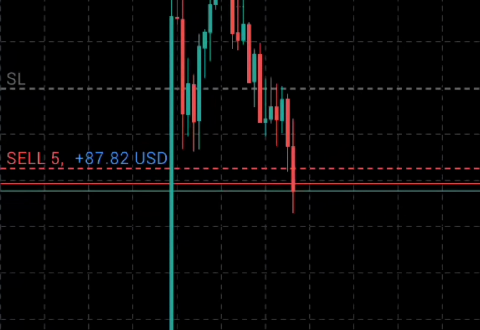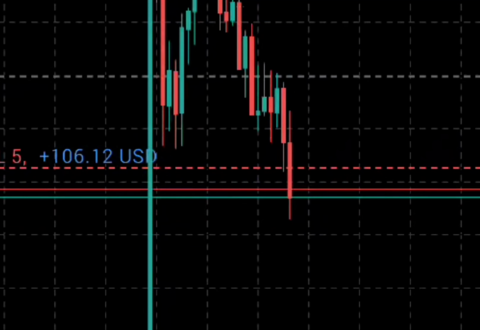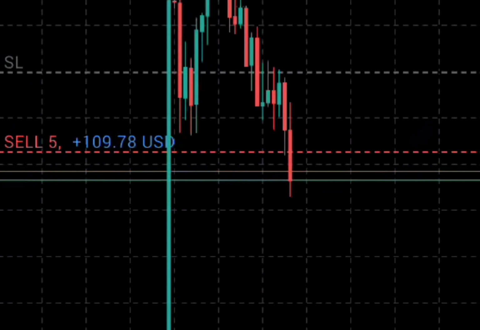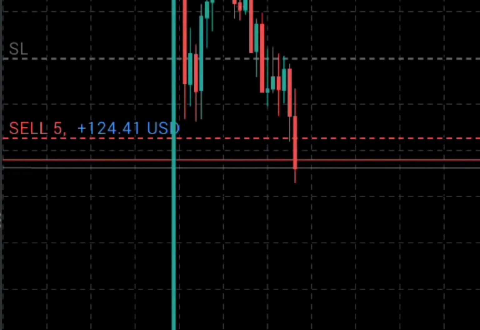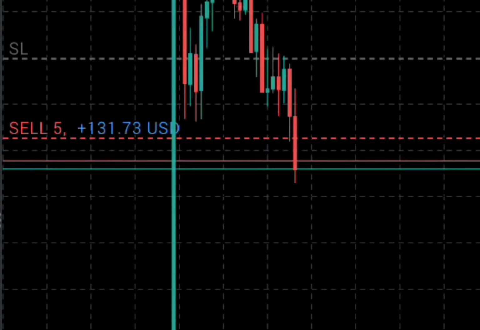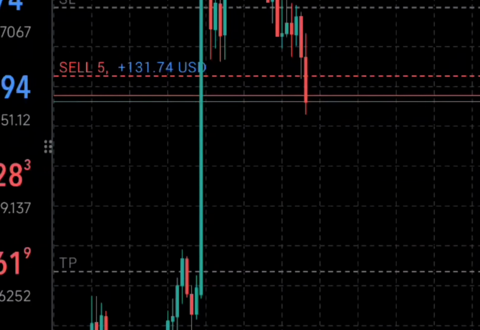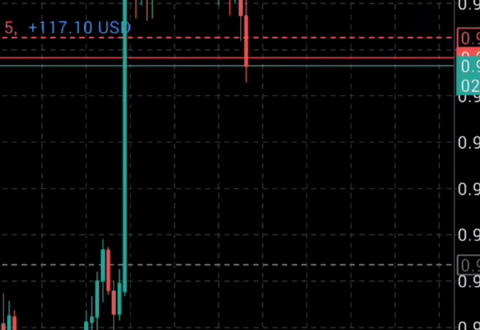And also the opened candle broke the low of the previous bearish candle. So this was all, and also there was a clean range for the price to cover up.